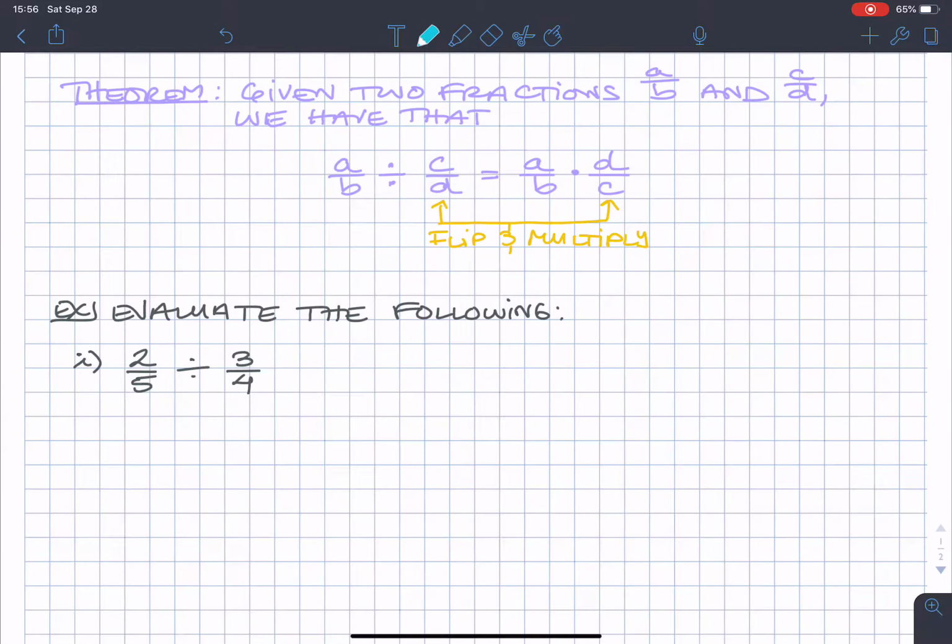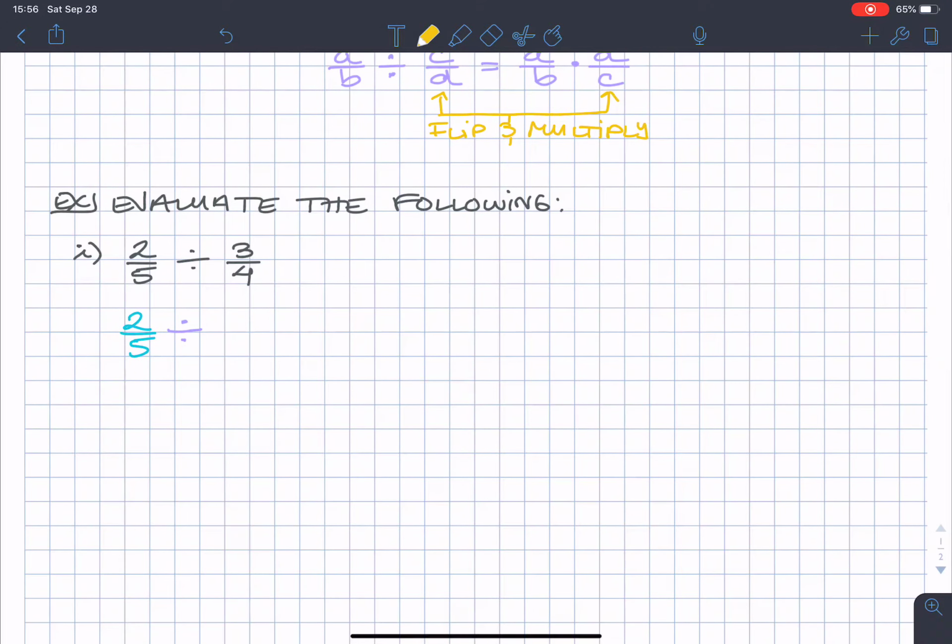So color coding again, 2 over 5, which I'm going to divide by 3 over 4. Well, in order to divide, I first need to take the second fraction, so this will be 2 over 5. If I want to multiply, I take the second fraction and I flip it upside down. So 4 over 3. So notice I've taken this second fraction here, flipped it upside down, and now I can multiply.